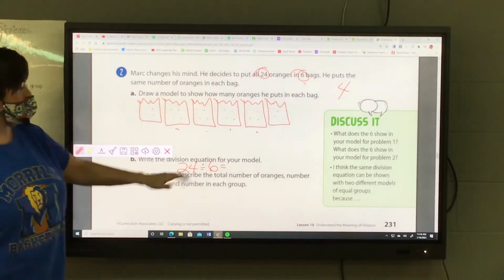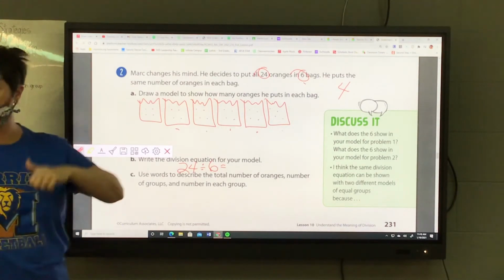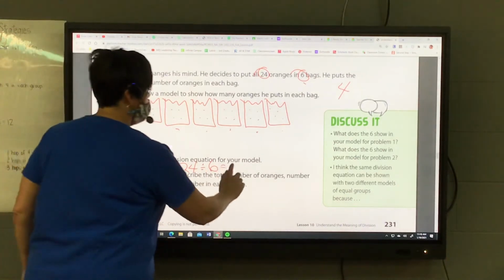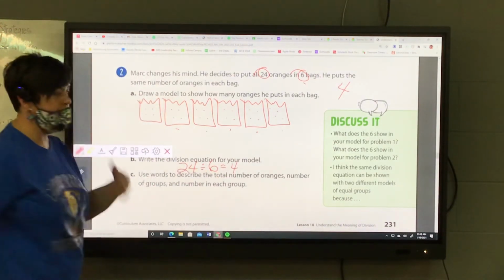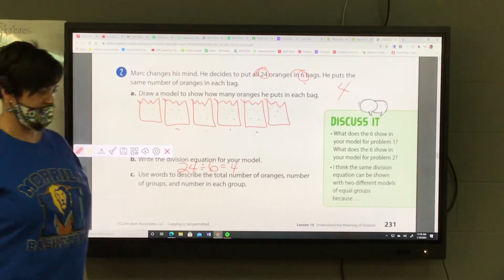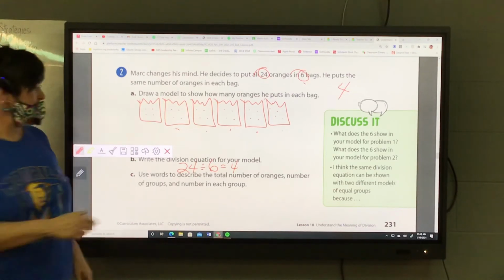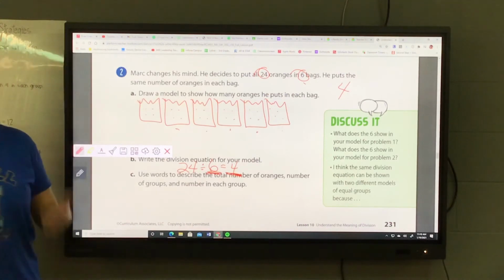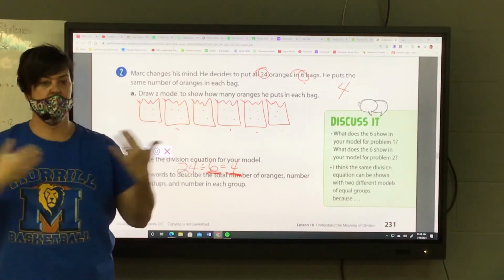Okay, so 24 divided by 6 equals 4. 24 divided by 4 equals 6. Doesn't matter with these. You can flip-flop those.